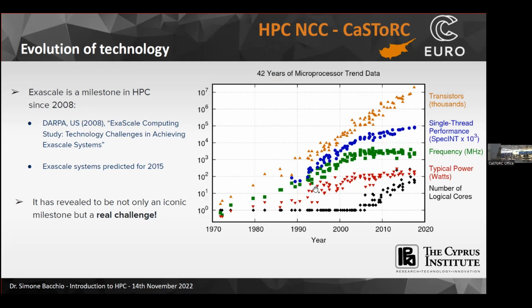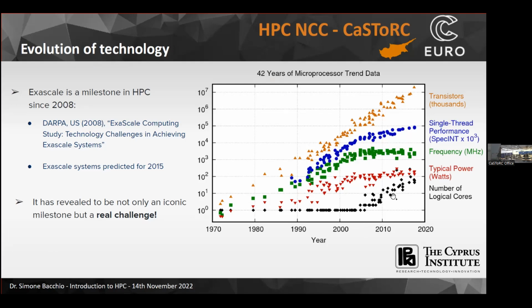And what people started investing in then is the number of logical cores per processor. So this is something that nowadays you are all very familiar with. You know that your CPU has many cores and you can do multitasking and run things in parallel. But this wasn't true up to 2005, where everything was done by a single core because you were actually able to increase the performance.